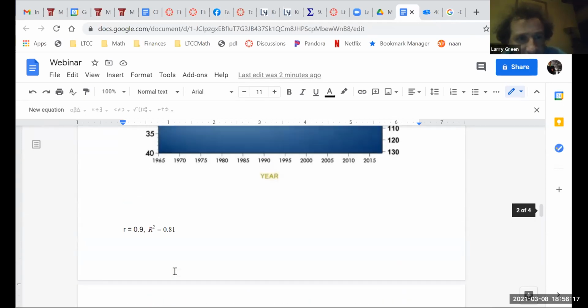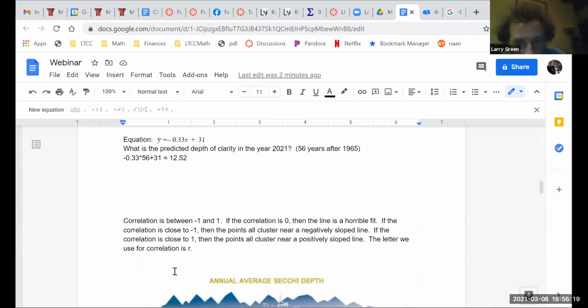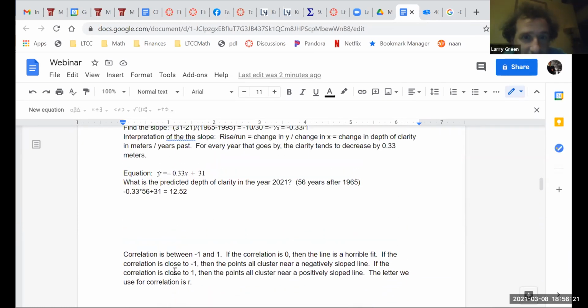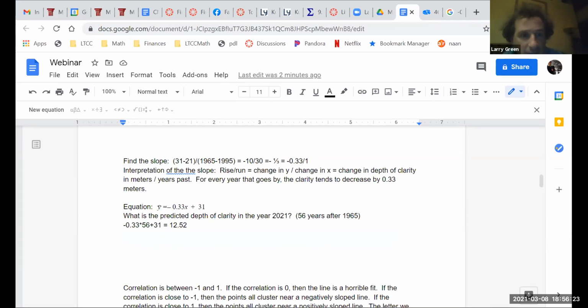One more thing which I didn't do and I should do is, when I calculated the predicted depth of clarity, I want to emphasize the word predicted.